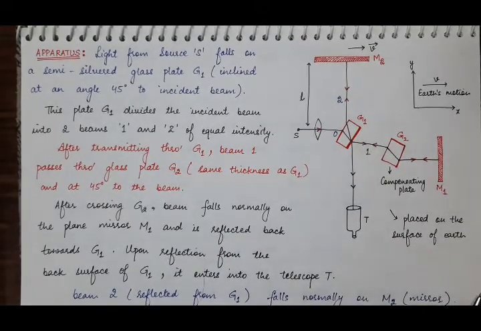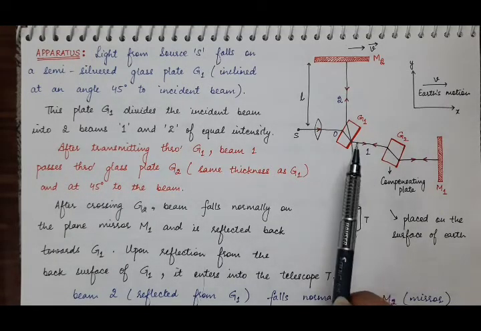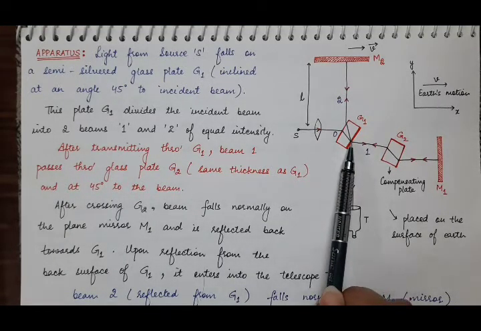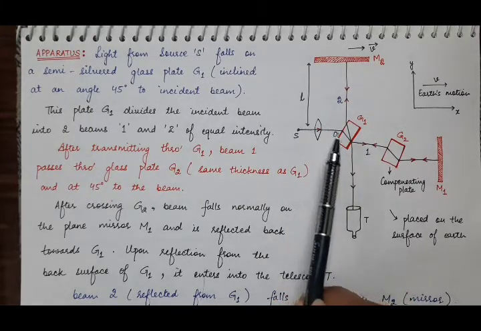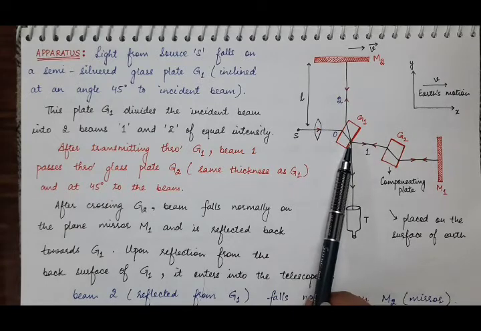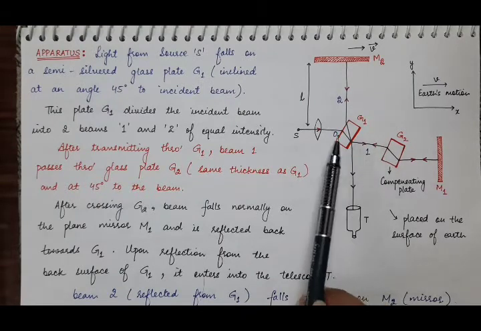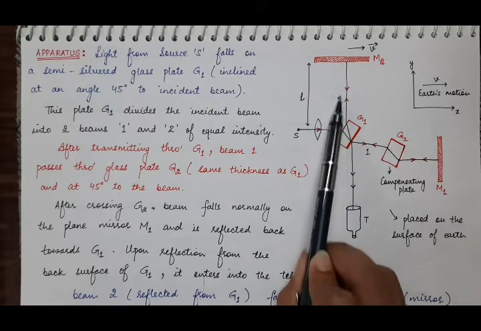Partially silvered means out of the 100% light received by this glass plate, 50% will be transmitted through it and 50% will be reflected by it. So at the back surface of this glass plate G1, 50% of this light is transmitted and 50% of the light is reflected back.